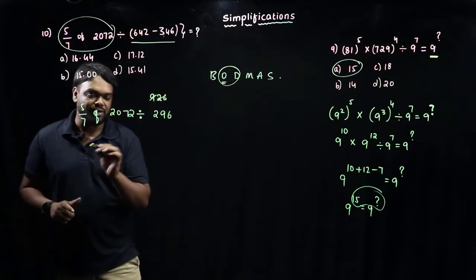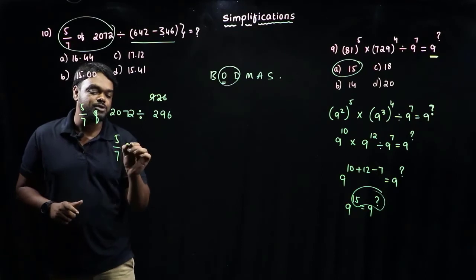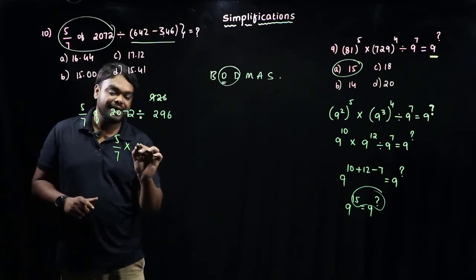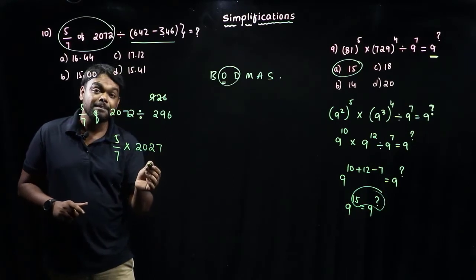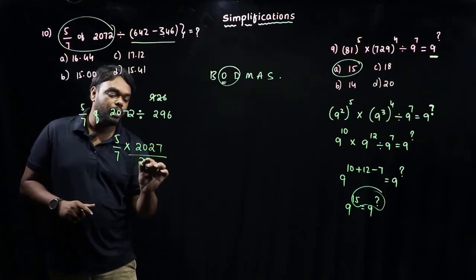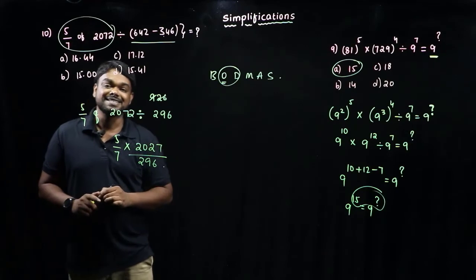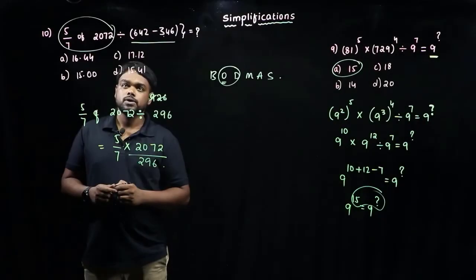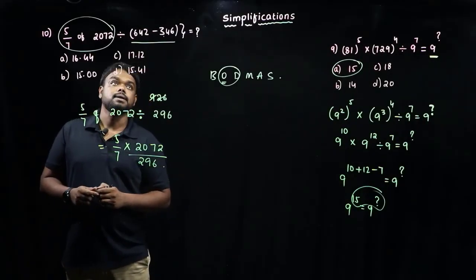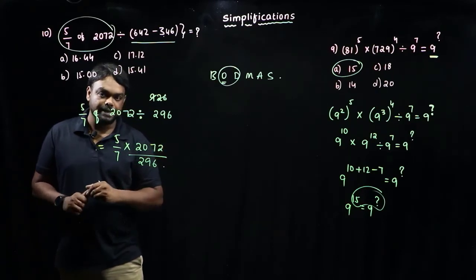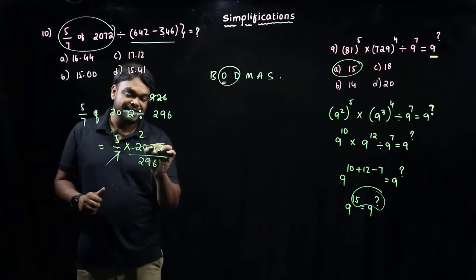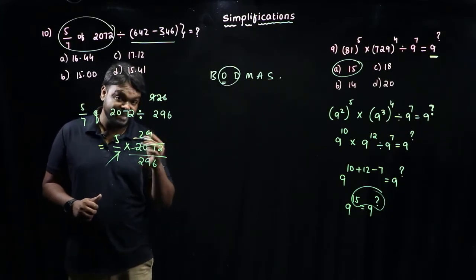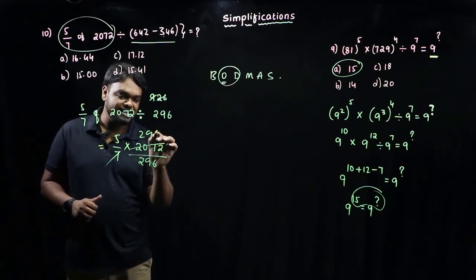Now if you say this, what do we get? 5 by 7. Of means what? Multiplication into 2072 divided by 296. So if I try to cancel this number with the 7, let us see what happens first. 7 2s are 14, we have 6, 7 9s are 63, 4 left out, 42, 7 6s are 42.